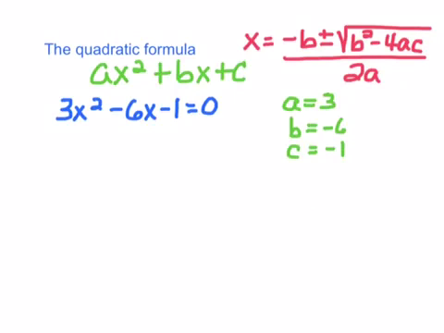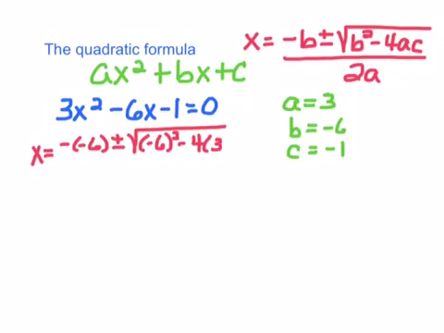Now we're ready to begin plugging in the values. x is equal to the opposite of b plus or minus the square root of b squared minus 4 times 3 times negative 1. All of that divided by 2 times 3.